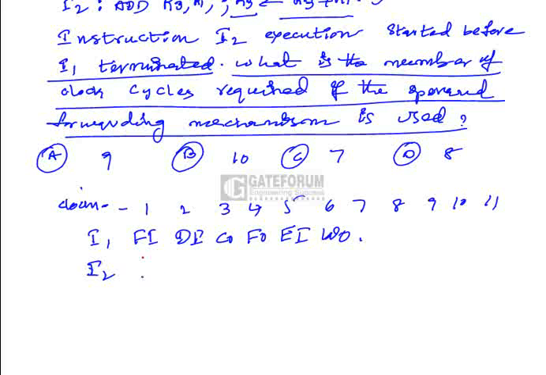We fetch instruction here, again decode instruction, calculate operand address. Fetch operand we can't do yet, because only after execution will fetch operand be done, since the operand can be forwarded. Then fetch operand, execute instruction, write operand. So it will finish at the 8th cycle. Option D is the right option.